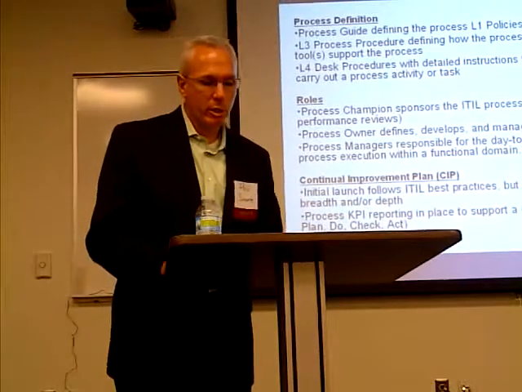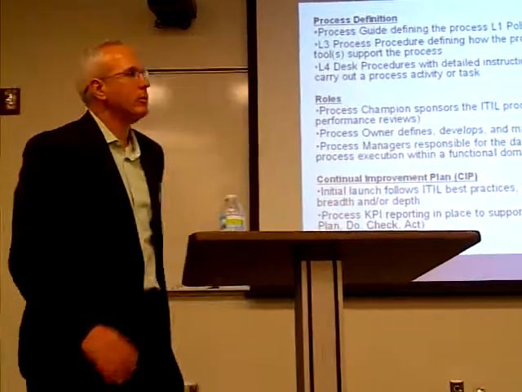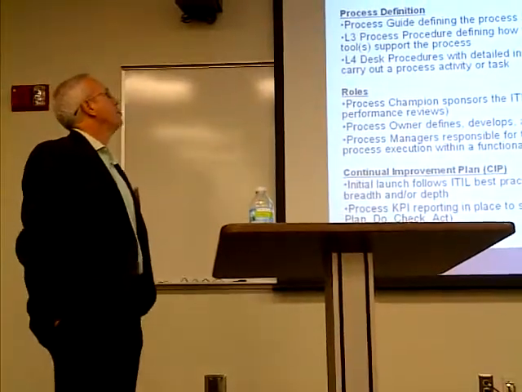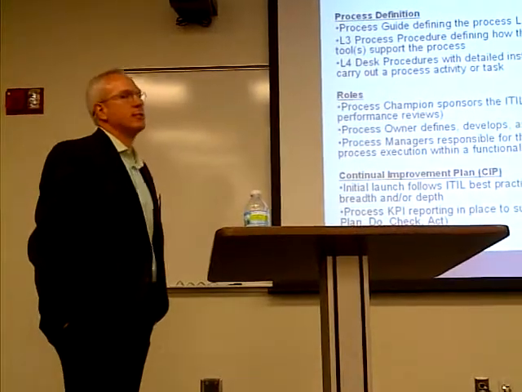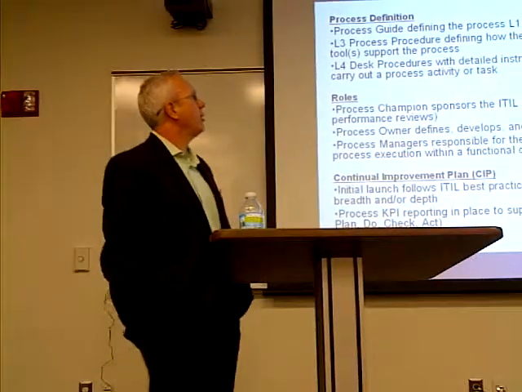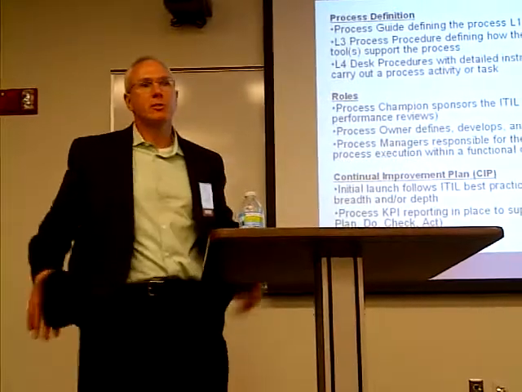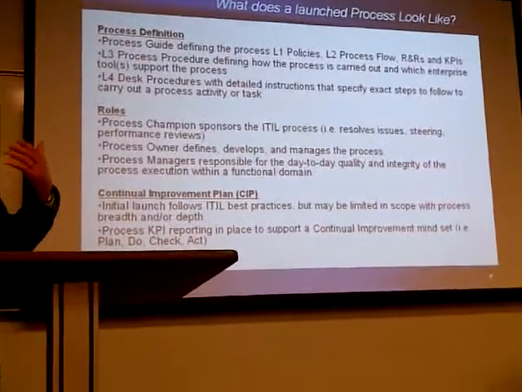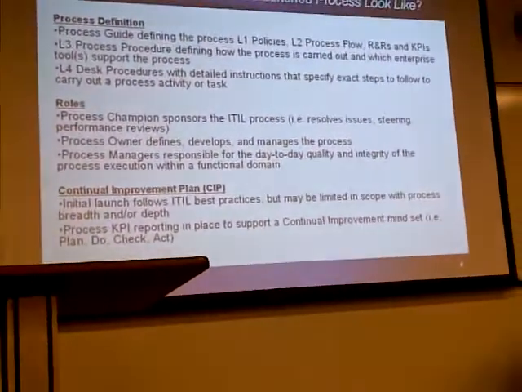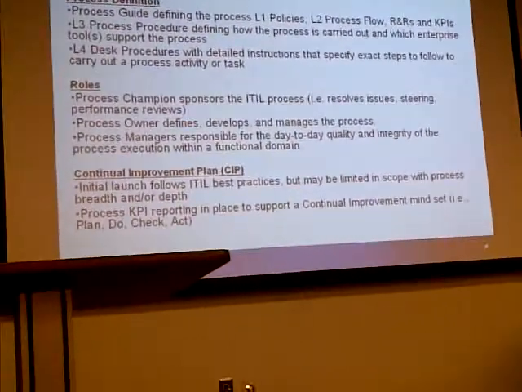Okay, so when we launch a process, what does it look like? What does success look like? We start by creating policies and what we call a level 2 process flow. And that's a simple swim lane diagram that shows all of the functional teams that are accountable for executing a particular activity within that process.